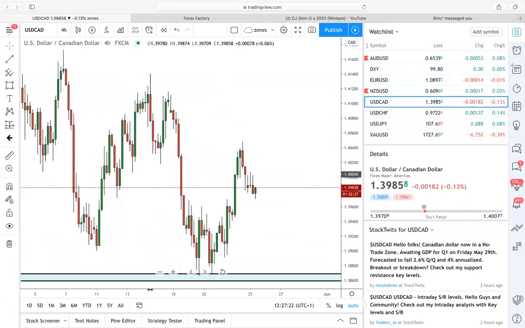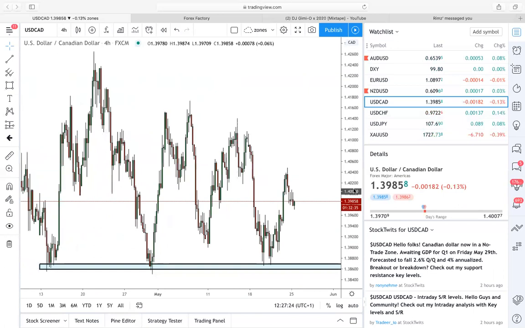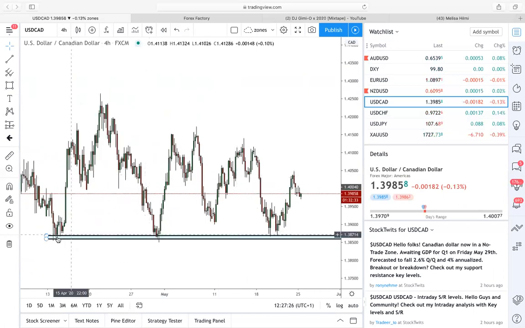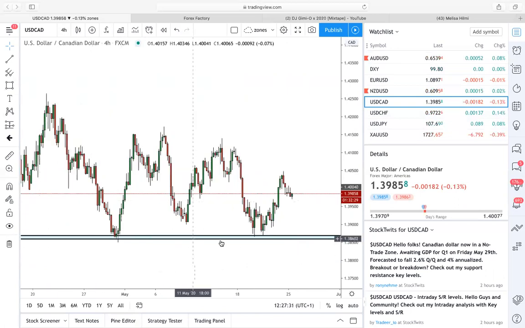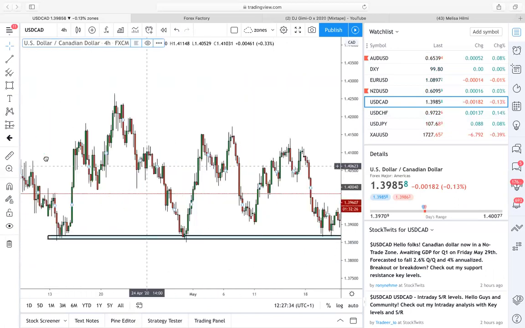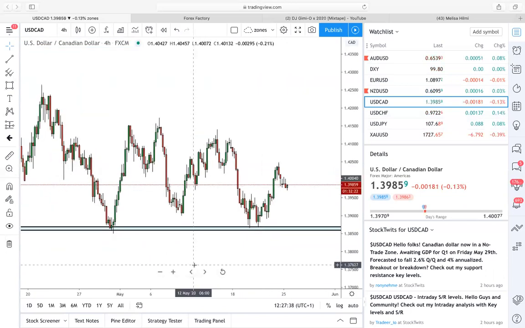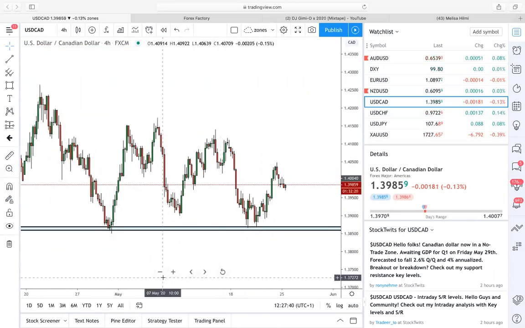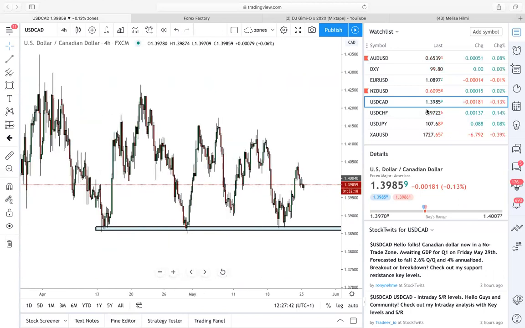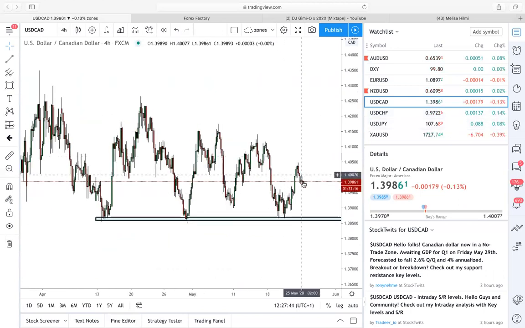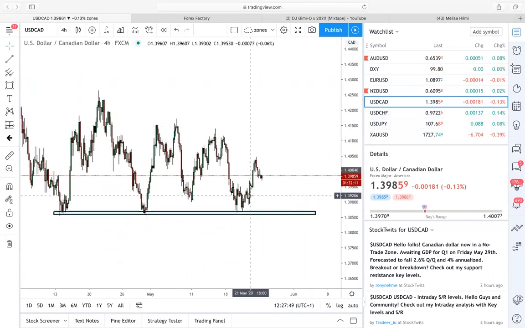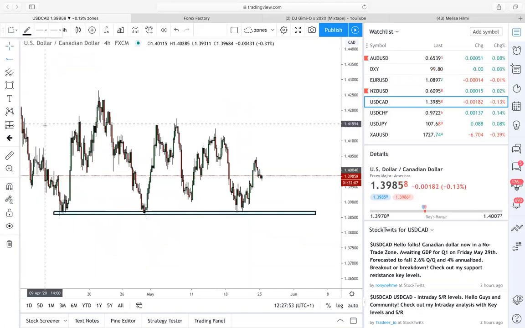Okay, we've got USDCAD as well. I literally just had a look at this before I jumped on. So we've got this area of importance here. It's got this triple top here. We've literally bounced a third time now. So we just want to wait and see whether it's going to do the same thing as EURUSD, basically, whether it's going to decide to bounce down, fake out, and then go all the way back up, or whether it's just going to come back to this area that all the other ones have gone to.